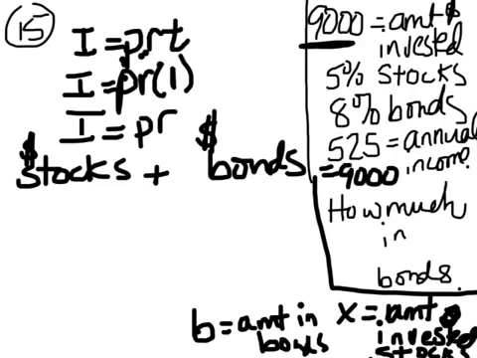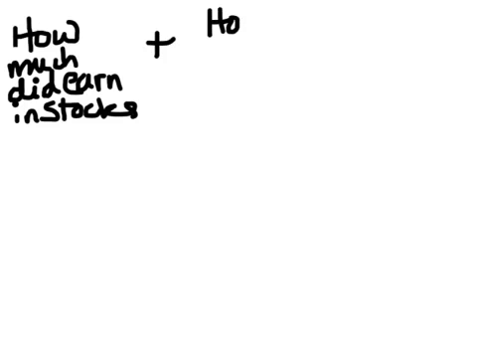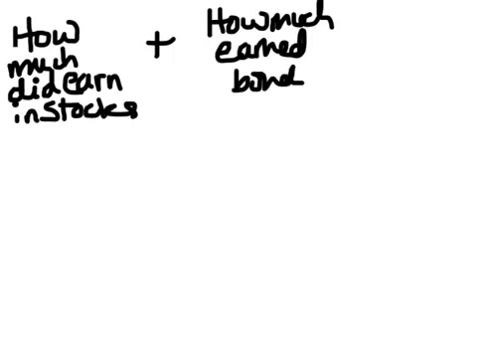All right, so if you're thinking about how much he made, I need to go to another page. How much did he earn in stocks, plus how much earned in bonds, is equal to that $525, right?